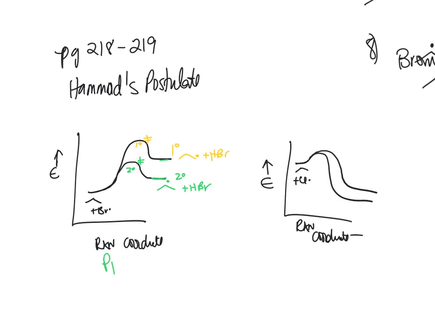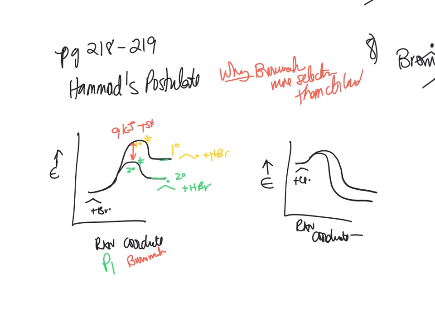Okay. The energy difference between these transition states is about 9 kilojoules. Now, this is for bromination. This is why bromine is more selective than chlorination. It has to do a little bit with Hammond's postulate, or it's just an introduction of it.